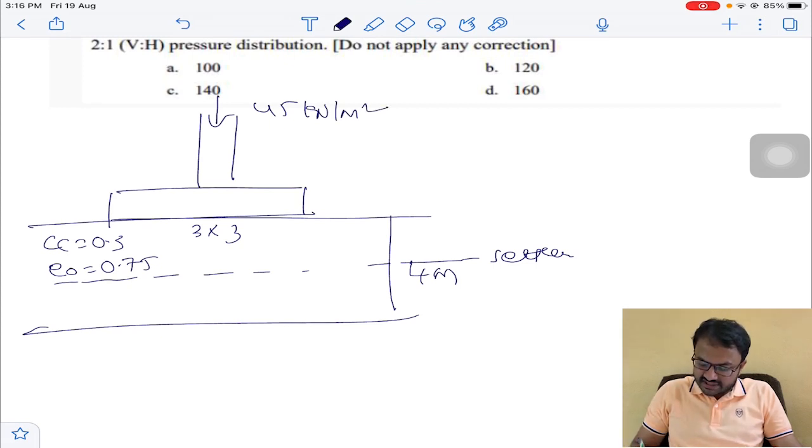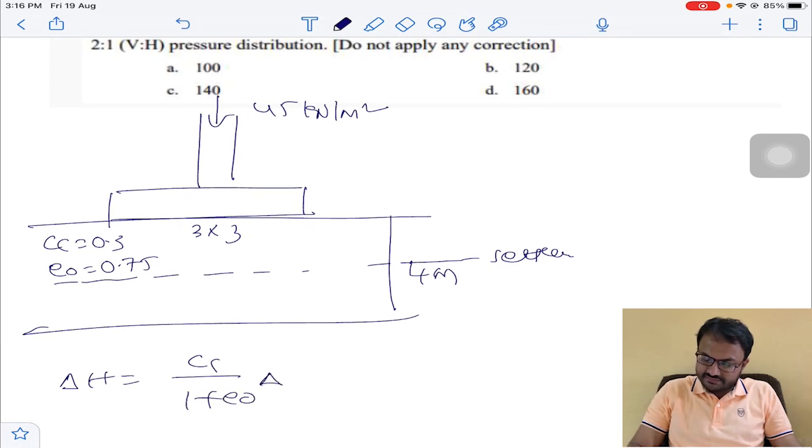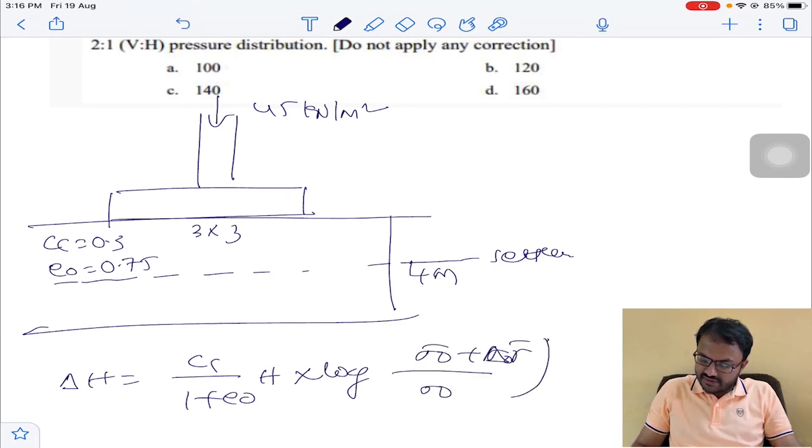Clear? So now consolidation settlement delta H is equal to Cc by 1 plus E naught into H log of sigma naught bar plus delta sigma bar by sigma naught bar. Okay, so first of all we need to calculate sigma naught.